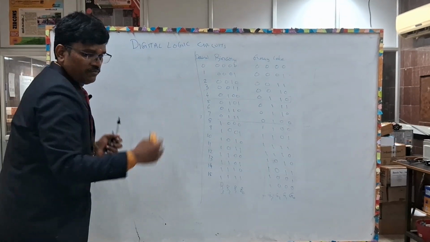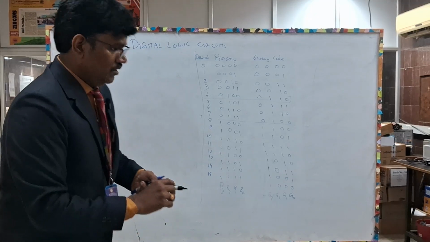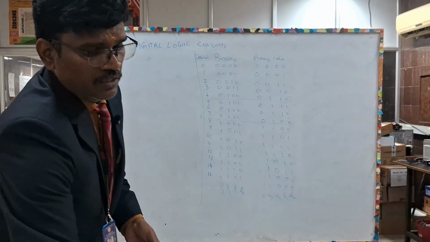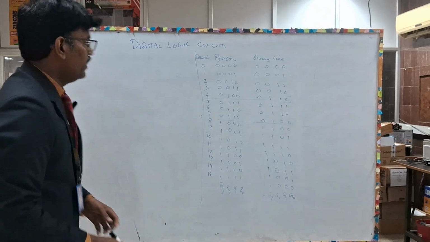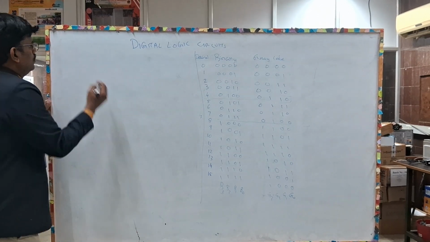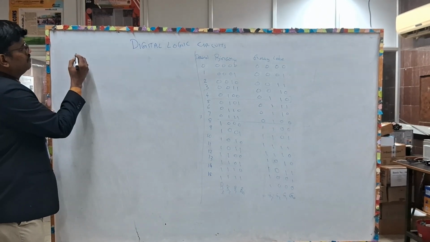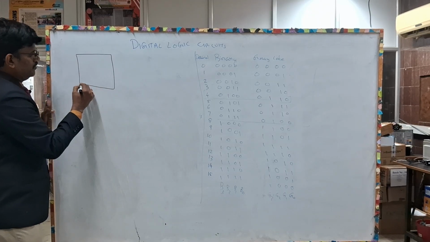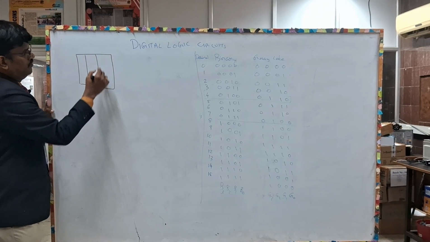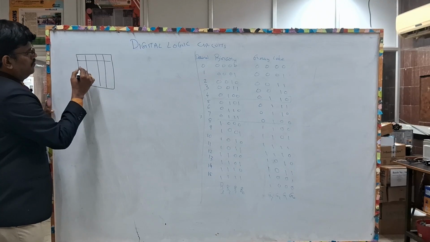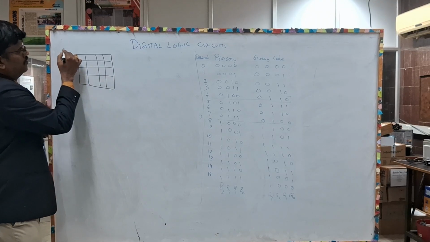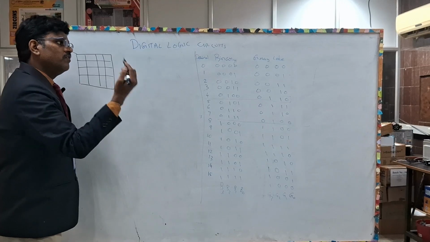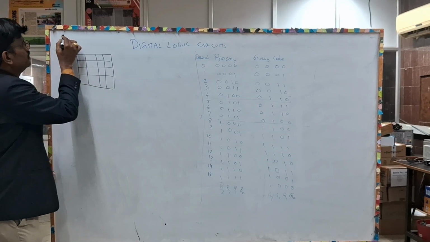Let us start with the K-map reduction itself. Given is gray code and needed is the binary value. So we do the simplification again using the K-map for the conversion from gray code to binary.